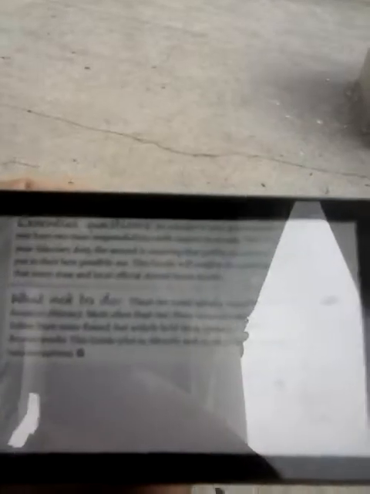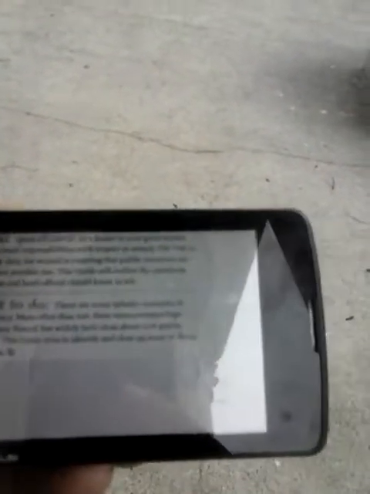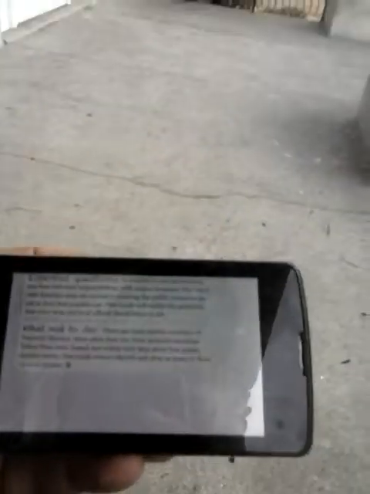There are many splashy examples of financial illiteracy. More often than not, these misunderstandings follow some flawed but widely held ideas about how public finance works. This guide tries to identify and clear up some of these misconceptions. Now, this is really, really important, isn't it?